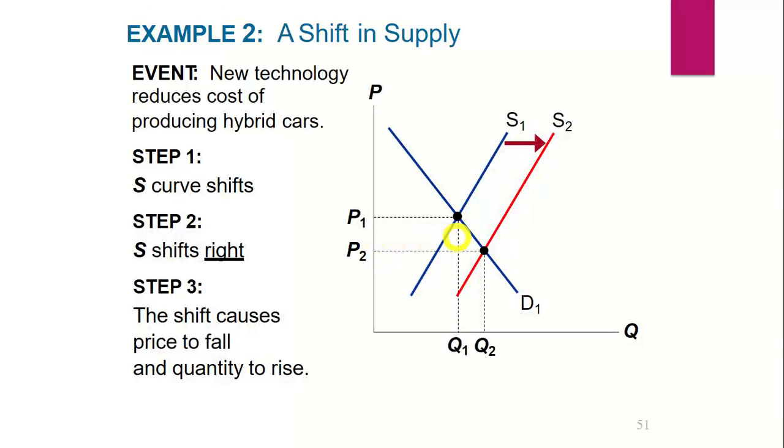So the supply curve shifts right from S1 to S2, and quantity supplied also increases from Q1 to Q2. This shows that the shift causes price to fall and quantity to rise.